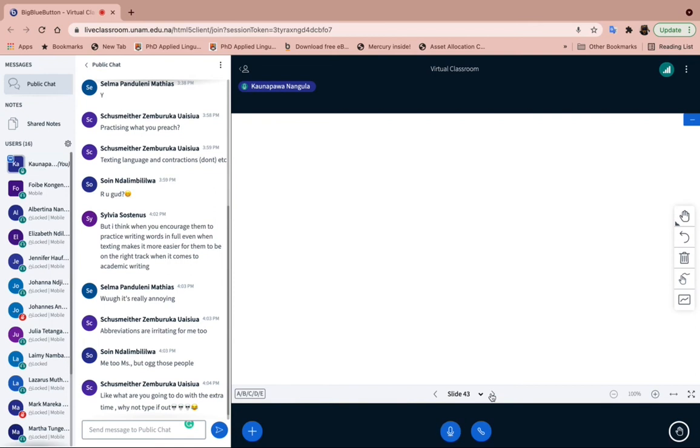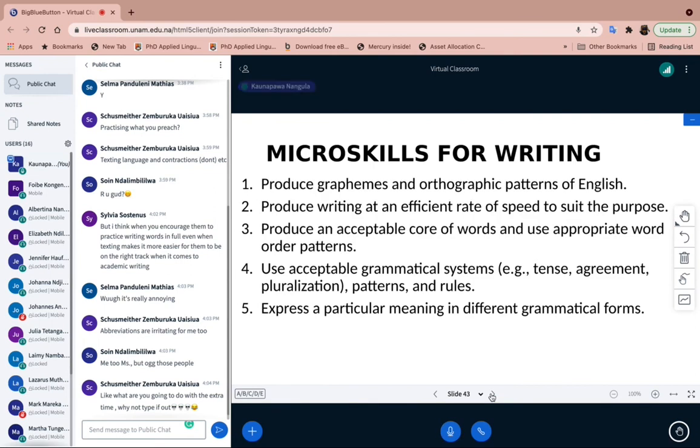We'll start with micro. Produce graphemes and orthographic patterns of English, and you do that through the use of a combination of letters and the alphabet. Produce writing at an efficient rate of speed to suit the purpose.